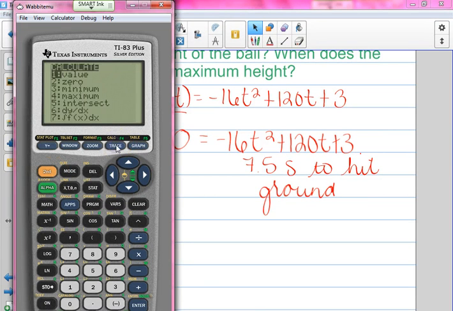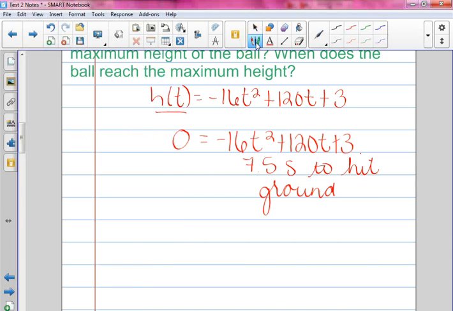So second trace, maximum. Left bound is on the left. Right bound is on the right. And your maximum is 3.75.